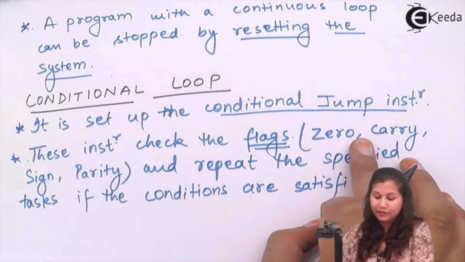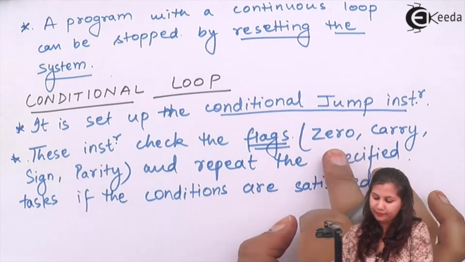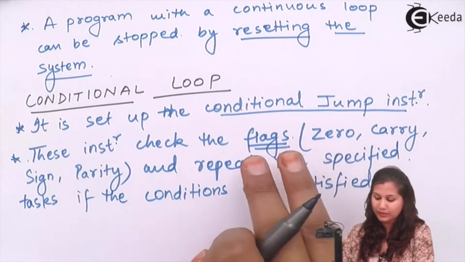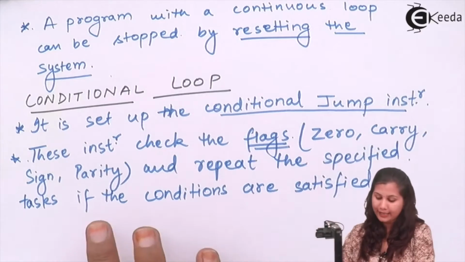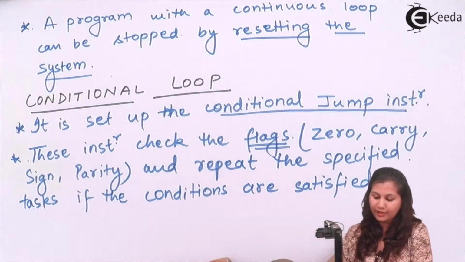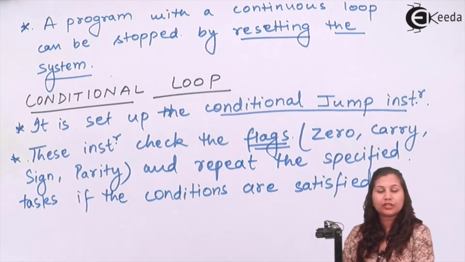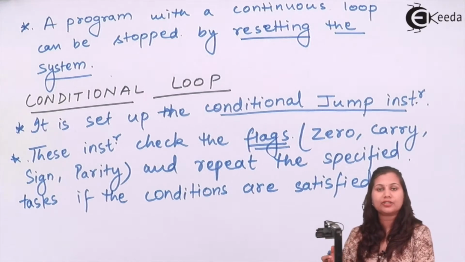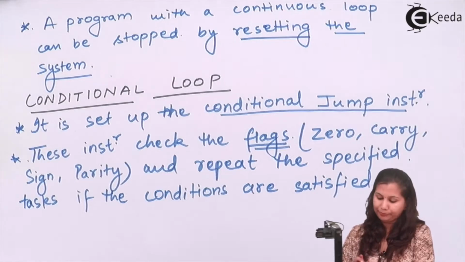So we have conditions associated with it. We have a conditional jump instruction associated with each of the flags, and those conditions are used. If that condition is fulfilled, then the loop will run, and if that condition is not fulfilled, the microprocessor will stop the loop and come out of that program.